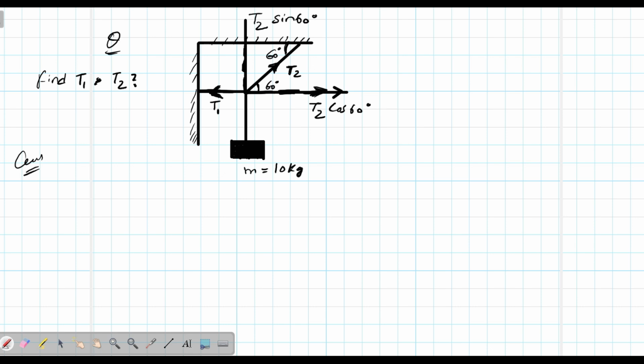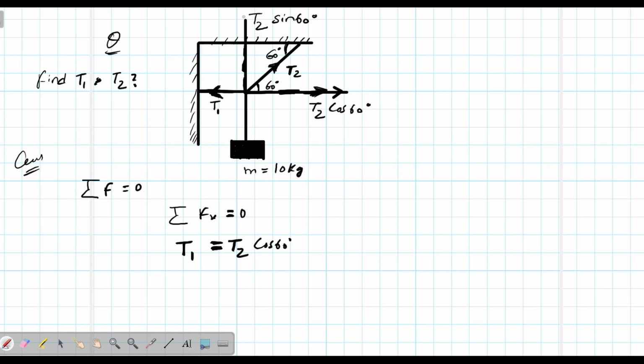So in equilibrium, summation of F equals 0. Summation of Fx equals 0, so T1 equals T2 cos 60.